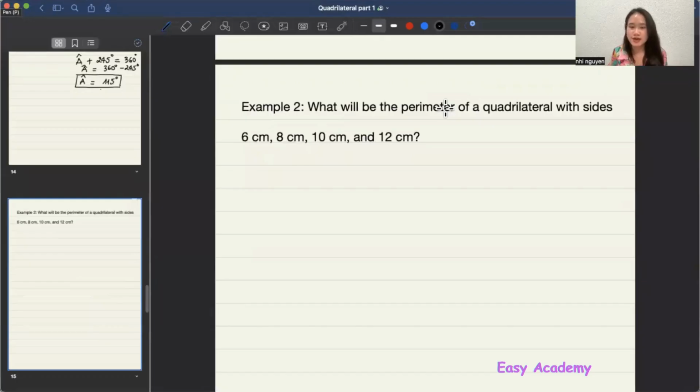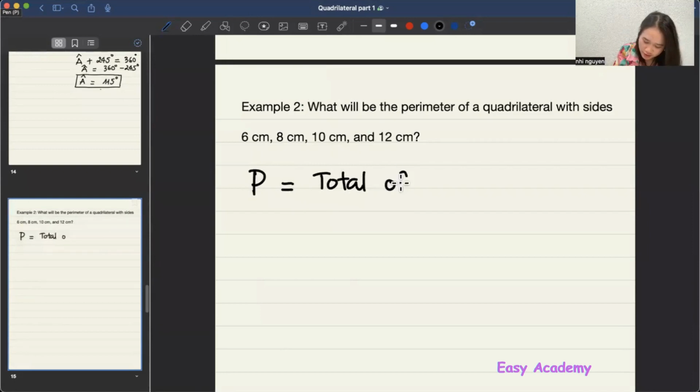Example number 2 is how to calculate the perimeter of a quadrilateral. As we have learned, in order to calculate the perimeter of a quadrilateral, we need to know all of the sides of the shape. So P, meaning perimeter, is equal to the total of 4 sides.